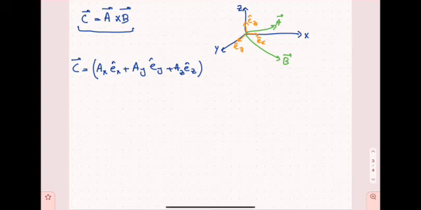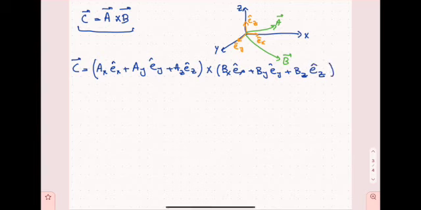So this is our A vector. Now we have the cross product to B_x e_x plus B_y e_y plus B_z e_z.